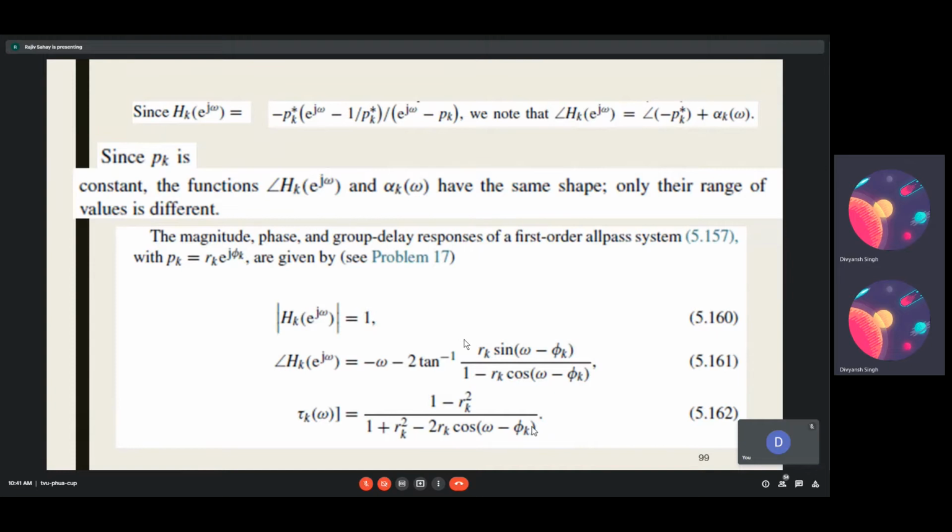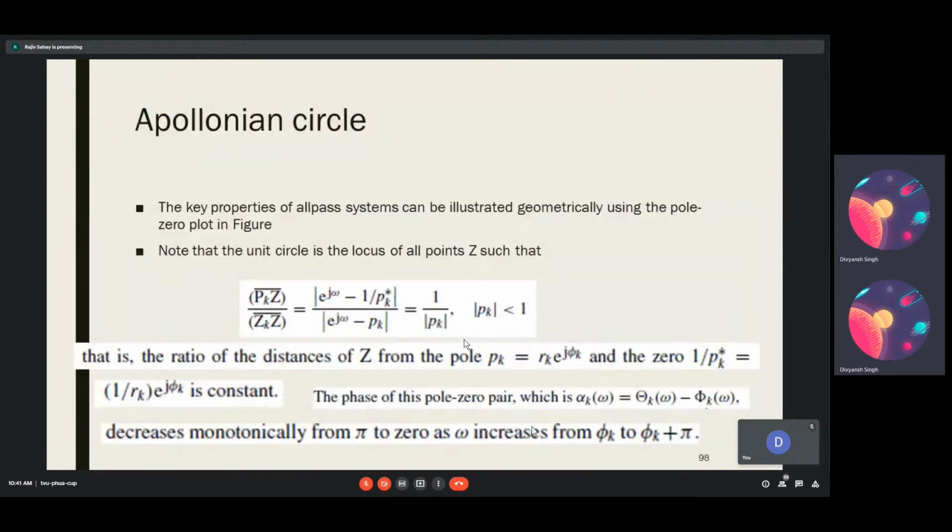So this is for a first order all pass system where you have a single pole and the reciprocal zero. Is this okay? Can you relate it with the previous slide here?